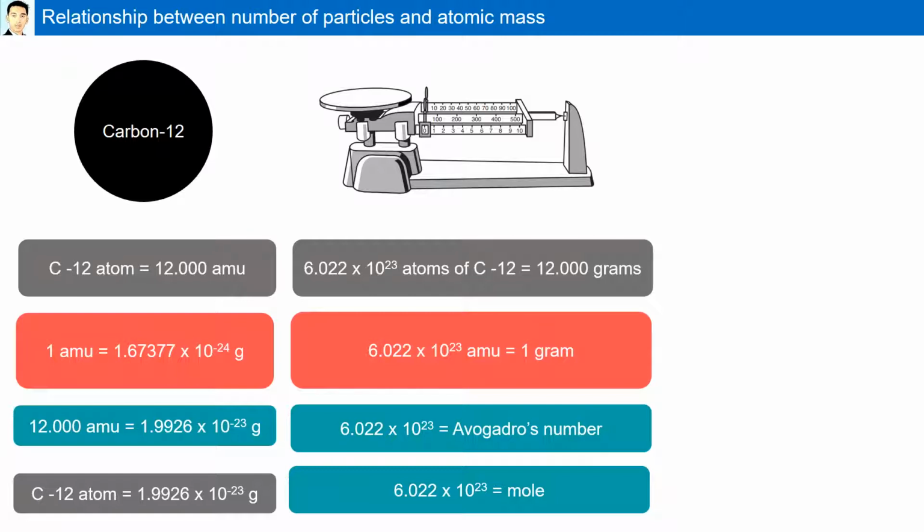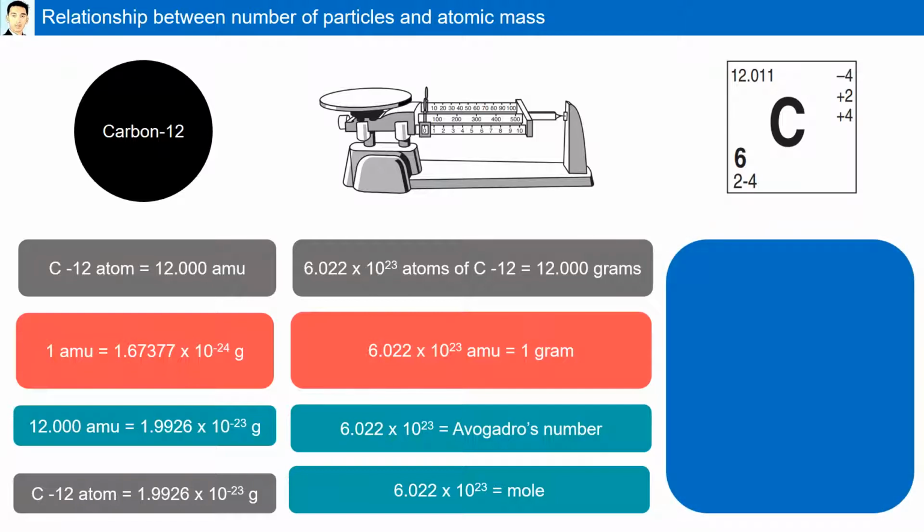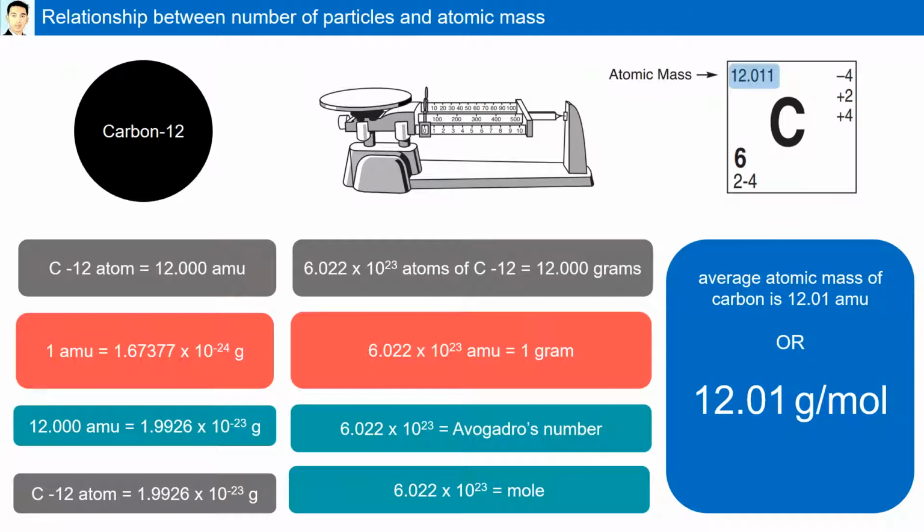Now, how do we use this in our everyday weighing or counting of atoms? In the periodic table, we have the atomic mass for all the elements. For example, carbon. Carbon has an average atomic mass of 12.01 AMU, rounded to the hundredths place. Now, this 12.011 is the atomic mass, or 12.01 grams per mole.